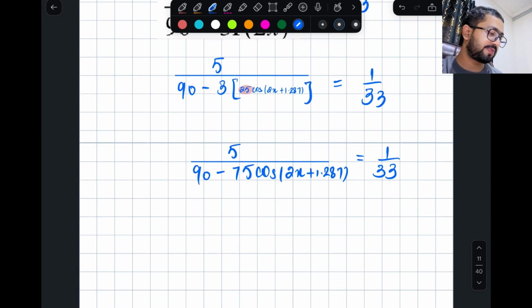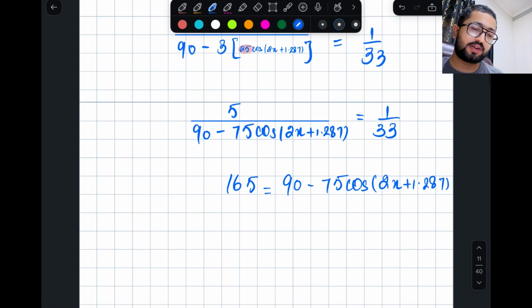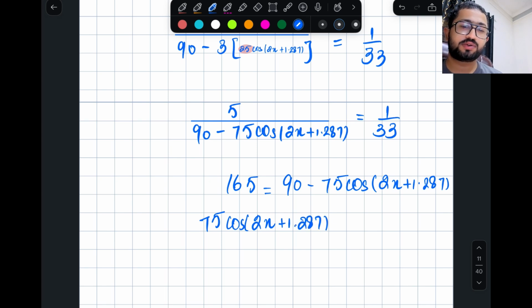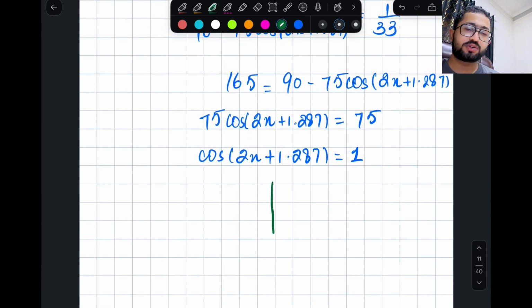Just cross multiply, 33 times 5, 165. 90 minus 75 cos of 2x plus 1.287 equals 75. So cos of 2x plus 1.287 will be equal to 75 divided by 75, which is 1.